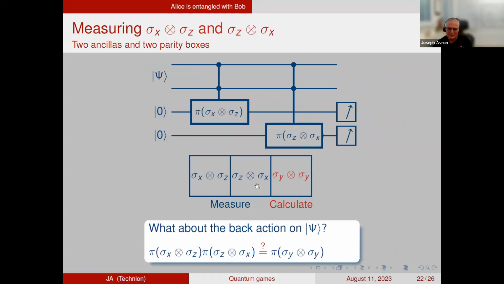And in the case, for example, that Alice wants to measure this row where there is sigma x, sigma z, and sigma y, she needs two ancillas to record the two parities. And the two parities would allow her to get two integers to fill this entire row.